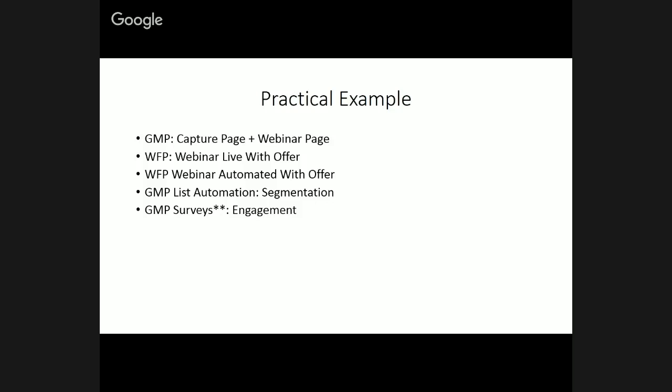Now, one of the things I put in asterisks about our surveys is that we are working on them right now so that they will have what's called conditional logic. They don't have conditional logic right now; we are working on that. The reason is that I want to be able to send you to a different question based on your response. If you come to a survey and it asks, do you like imported coffee, and I say yes, I don't want you to then start talking about tea.